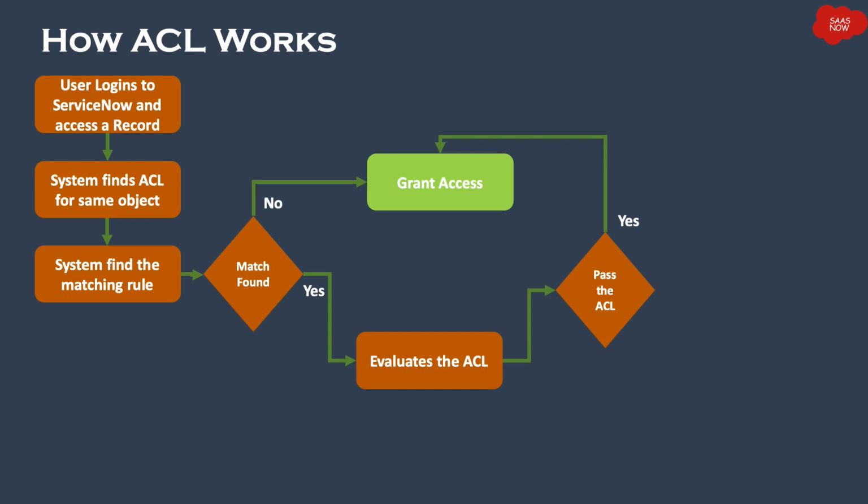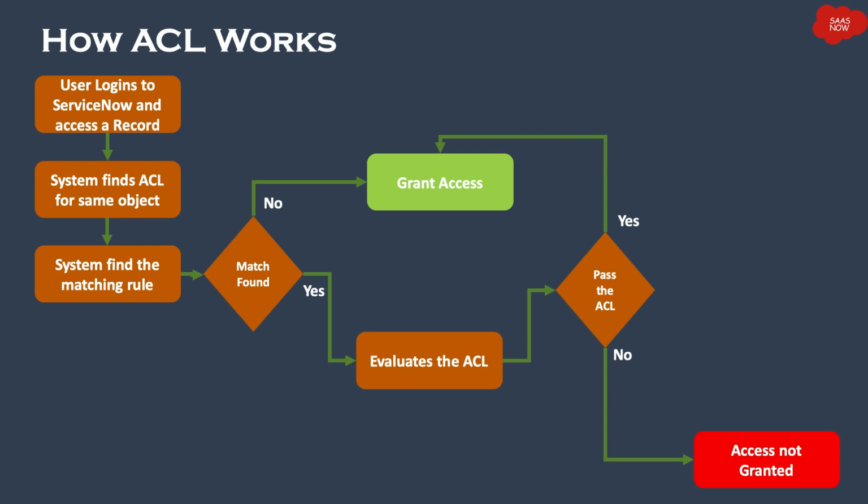So if the user is able to match the condition mentioned in the ACL, it will grant the access. And if it is not passing the ACL, that means the condition mentioned in the ACL is not met as per the user's role, maybe the user's group, or whatever condition is mentioned in the system, then it will not grant the access, and the user will not be able to see the data which he is trying to look for. That's how ACL works in ServiceNow.